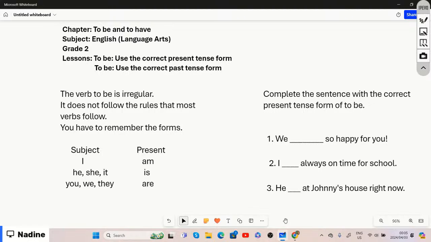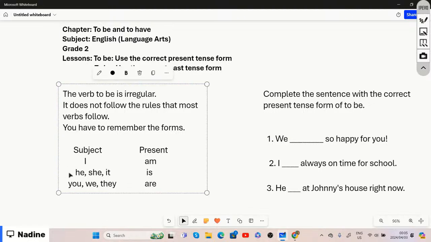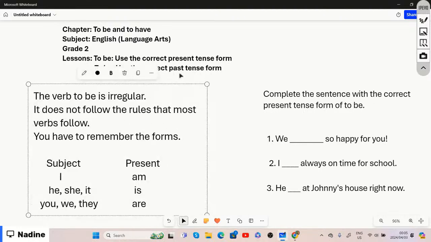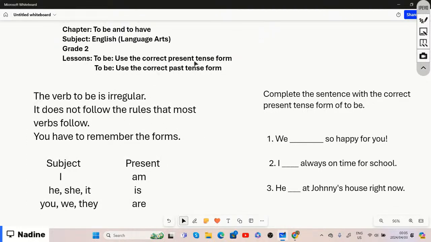All right. So when it comes to be and to have, right? When we hear the word tense, for example, there are different tenses, and it is basically either present tense or past tense.